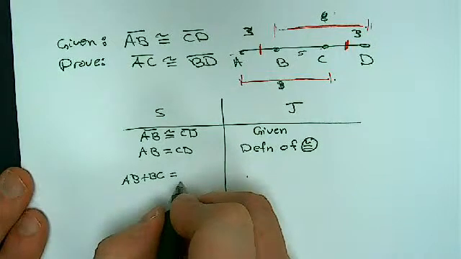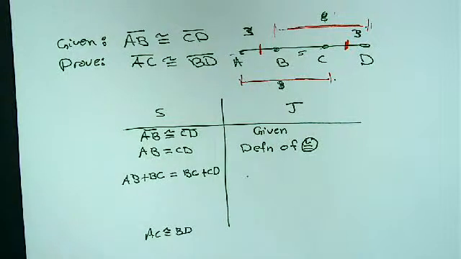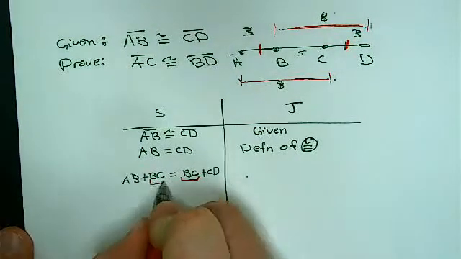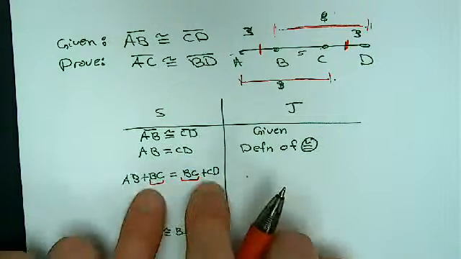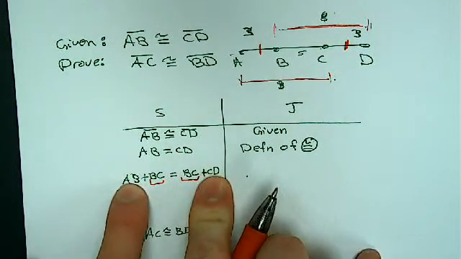But if I add BC to one side, I have to add to the other side, don't I? Okay. BC plus CD. So I've added BC to both sides. So what rule did I use? What rule says I'm allowed to add the same number to both sides? Not segment addition.